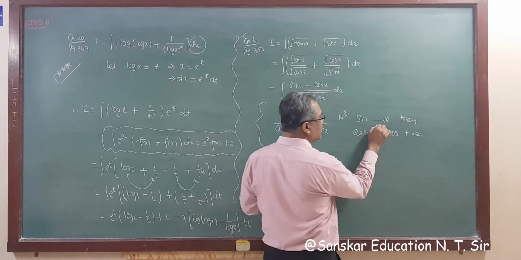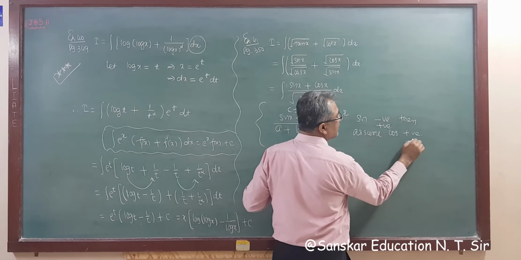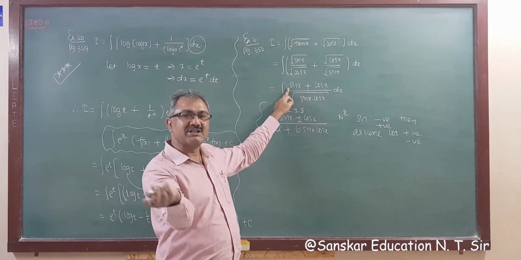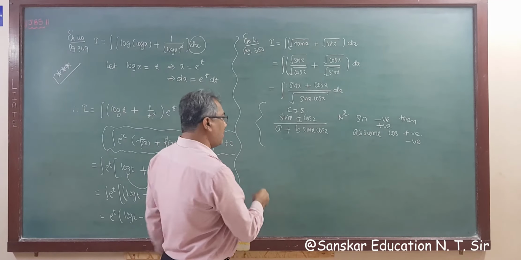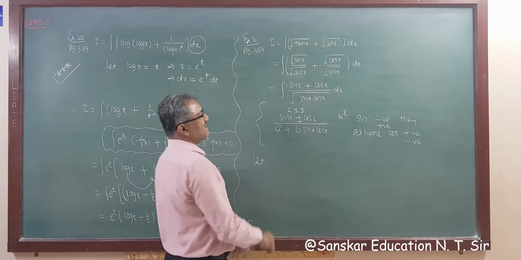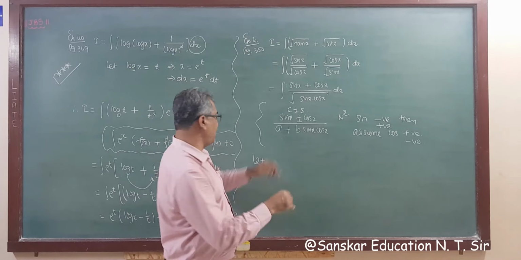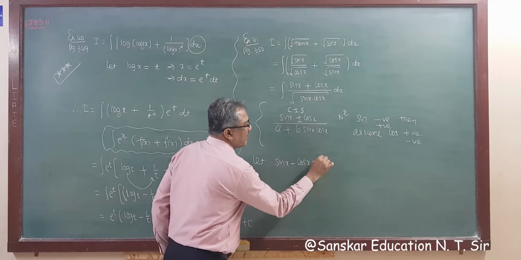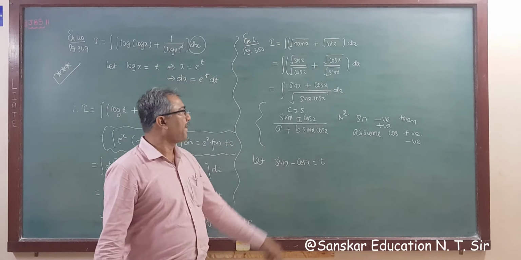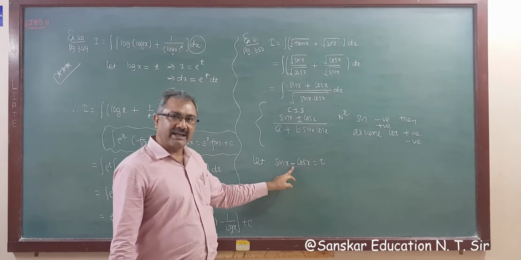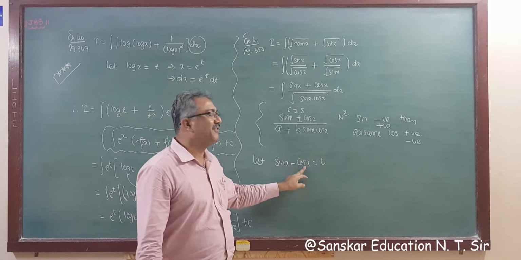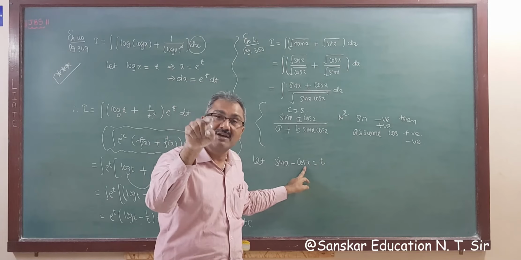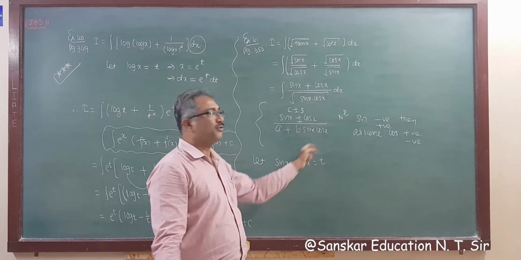And if sin is positive, then assume cos negative. So here sin is positive, so we have to assume cos negative. So let sin x minus cos x be equal to t. Got it? Sin is positive, cos negative, because the derivative of cos x is minus sin x, so minus minus becomes plus. That's why you have to remember this.